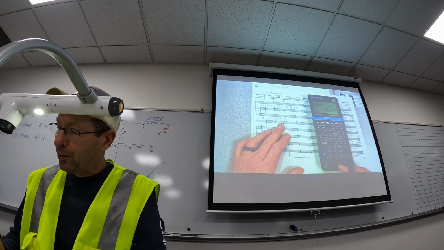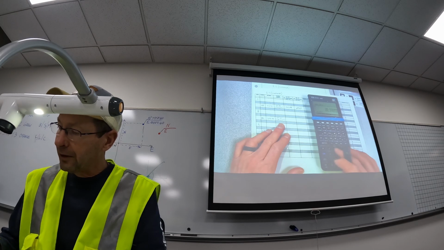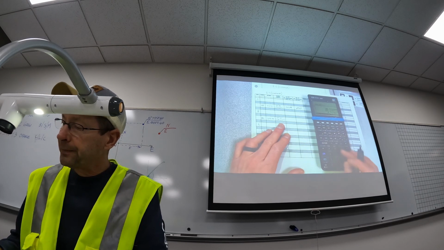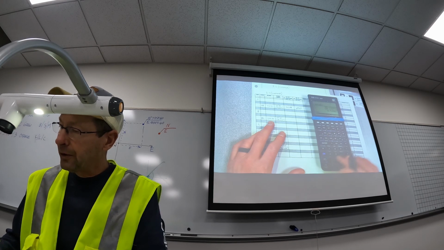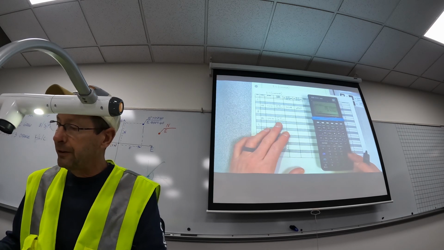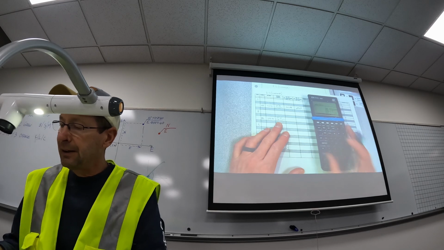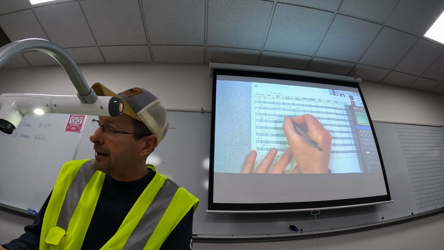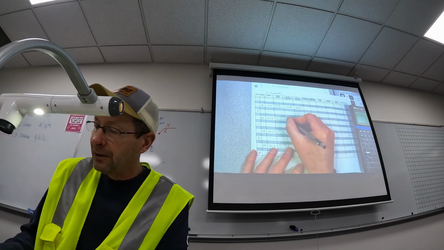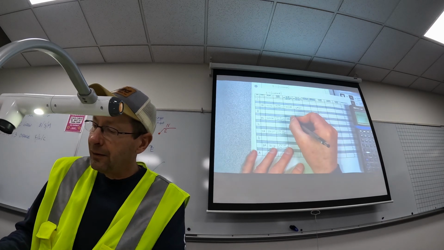So 139.0167 cosine. And then take that times 606. Now, did you notice something when you took the cosine of it? Negative, right? That's okay. Hold that, just use the sign that's there. So negative 457.52.